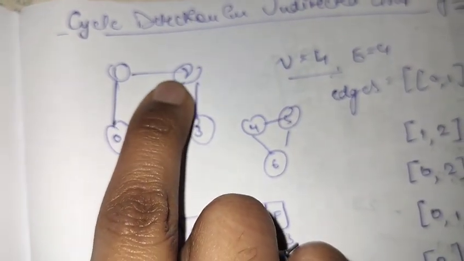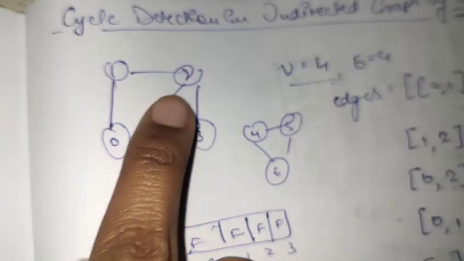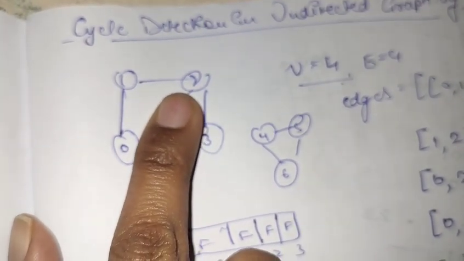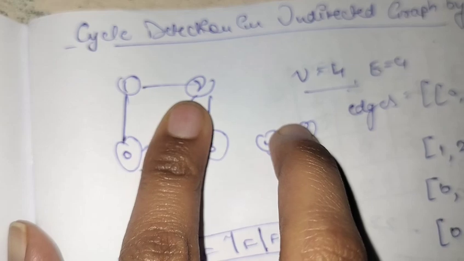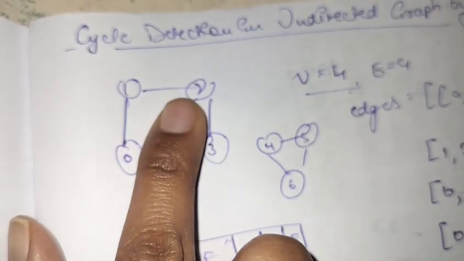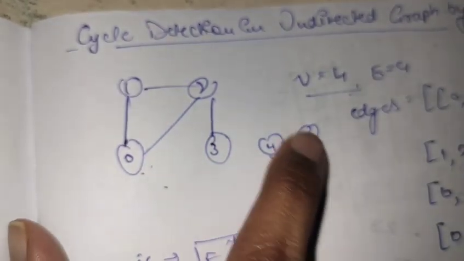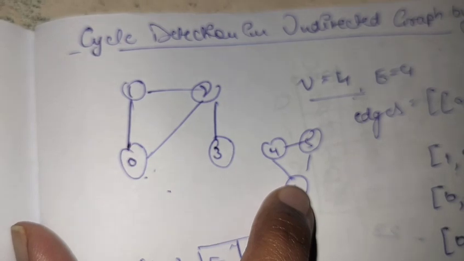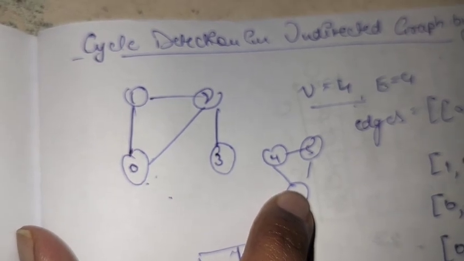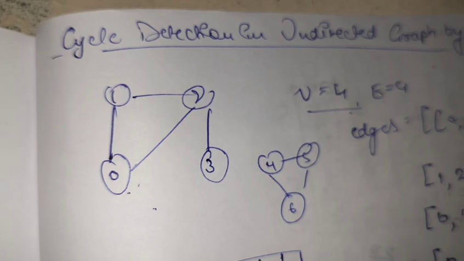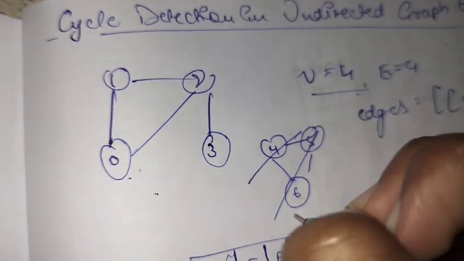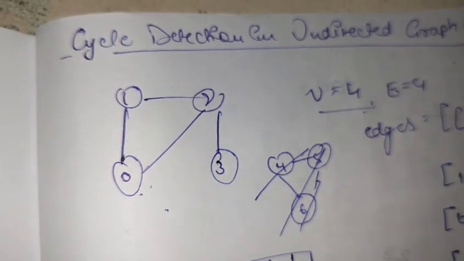So in that case the graph is disconnected, and if we won't use a for loop, then it will return false because this part won't be considered. If we start from 0 and this line is not there, this won't be considered since it is disconnected, and then we will get a wrong answer, right? So we will use a for loop. Now we'll remove this. Let us take this only for understanding purpose.